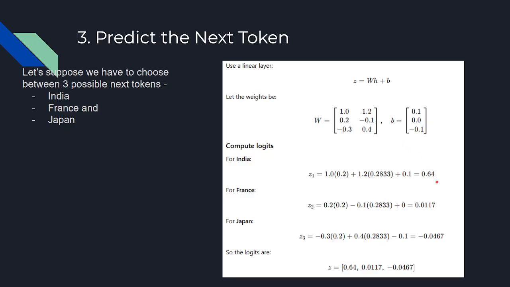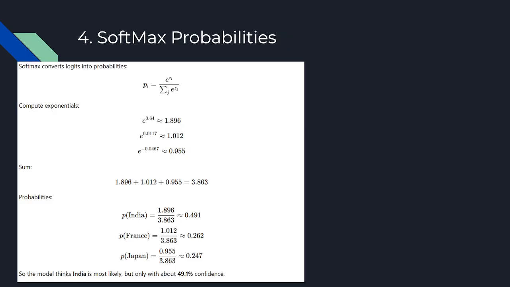And we found that India has 0.64, France has this much, and Japan has this much. Though India has the higher logit, which means the probability of India being chosen as the next token is higher, we can actually improve this further. And how we would do it, we'll find out in the next example.